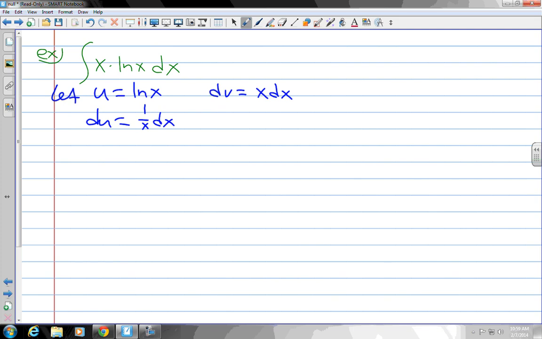While here, if dv is x dx, then v is just x squared over 2, right? So then I need to write the ultraviolet super voodoo thing. The ultraviolet is uv, so that's x squared over 2 ln of x, minus the integral of v, which is x squared over 2 times du, which is 1 over x dx.